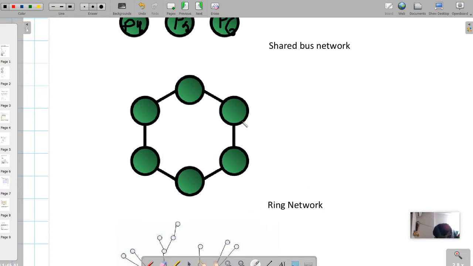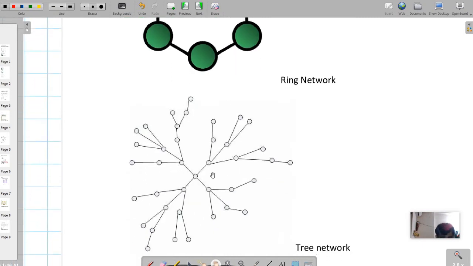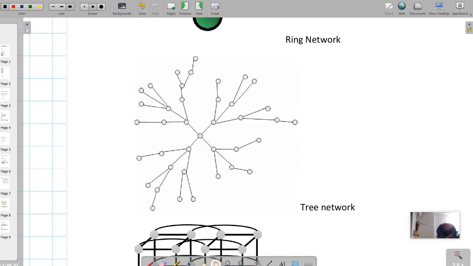Here each and every processor is connected to its adjacent processor only. Then you have a tree-like structure also. You can connect different processors in your CPU as a tree.